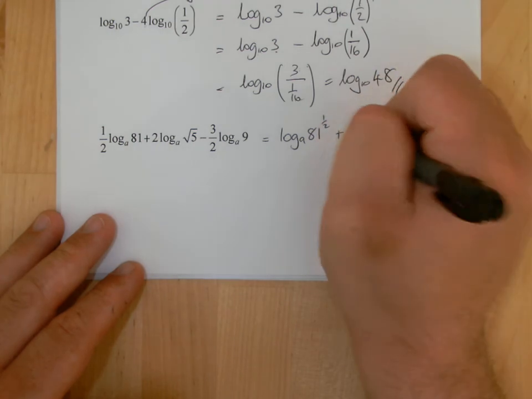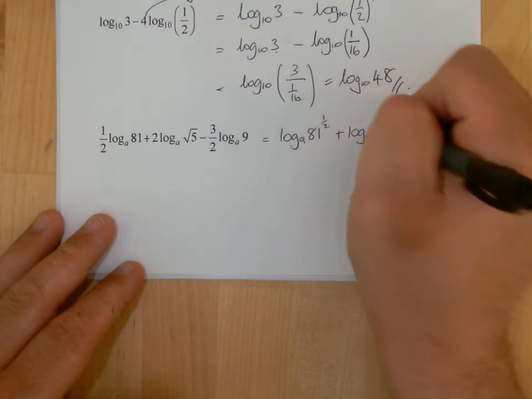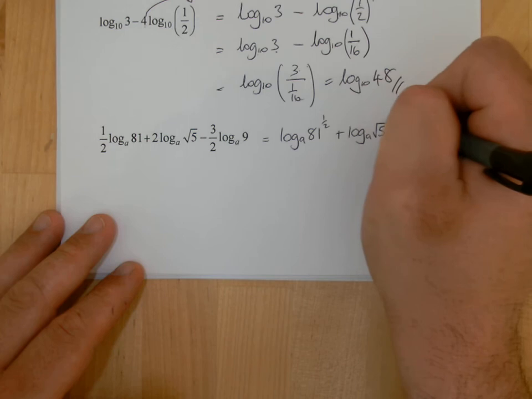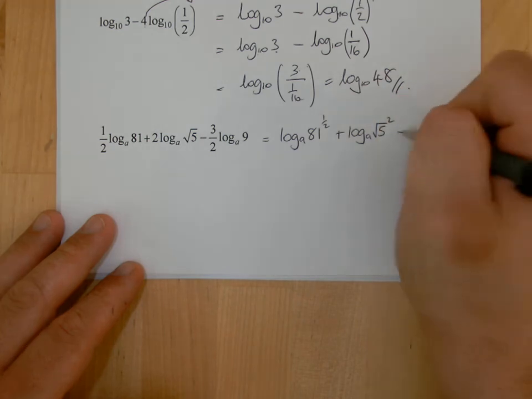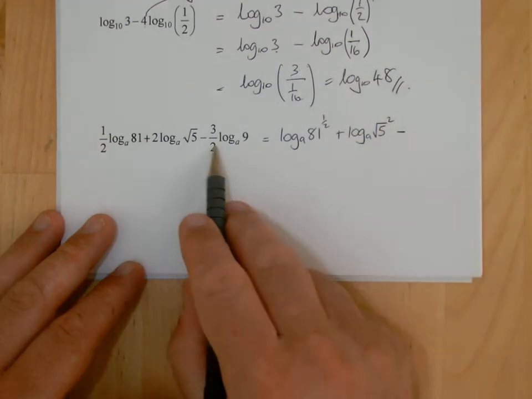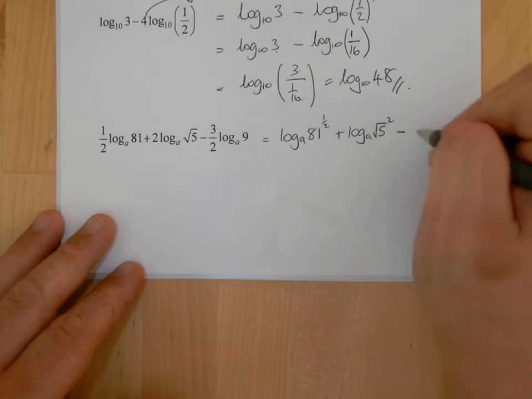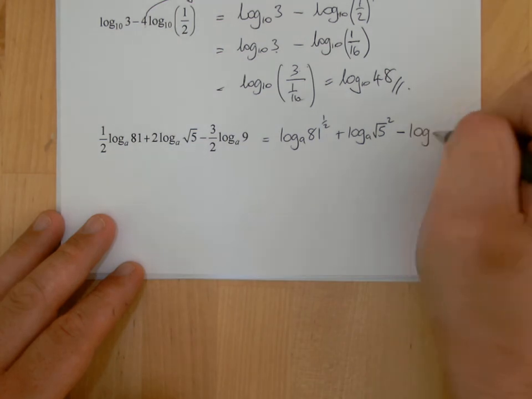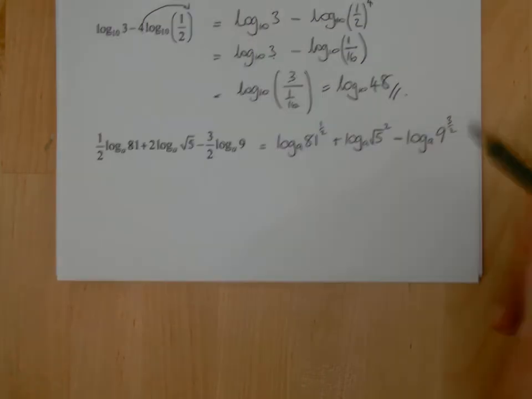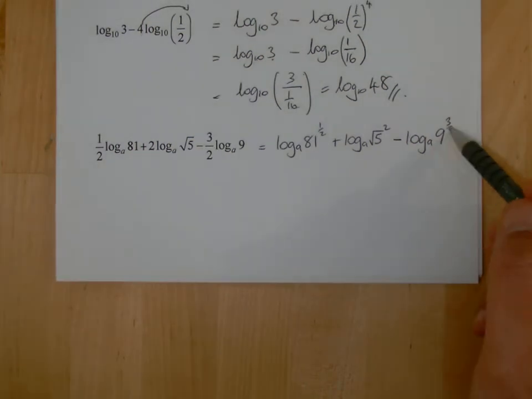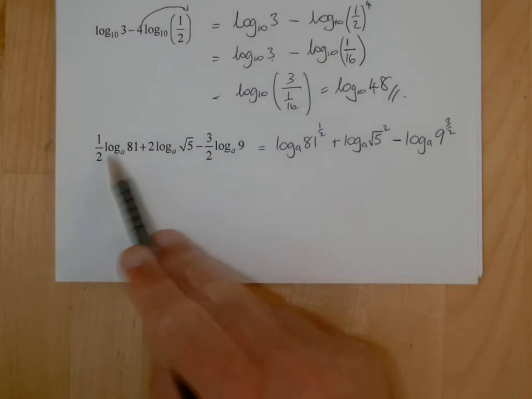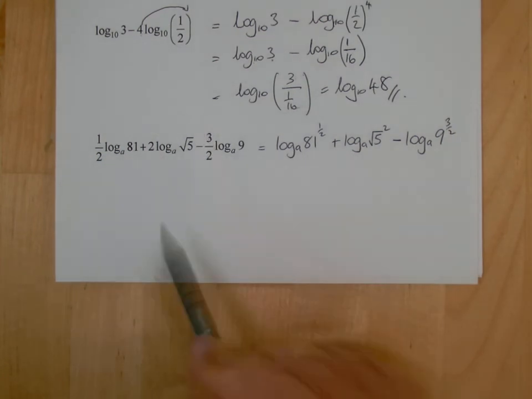So we've got logarithm to the base a of root 5 to the power 2. And take away then, and again this 3 over 2, take it up. So log to the base a of 9 to the power 3 over 2. So I've taken all those terms in front up, using the third law of logarithms.